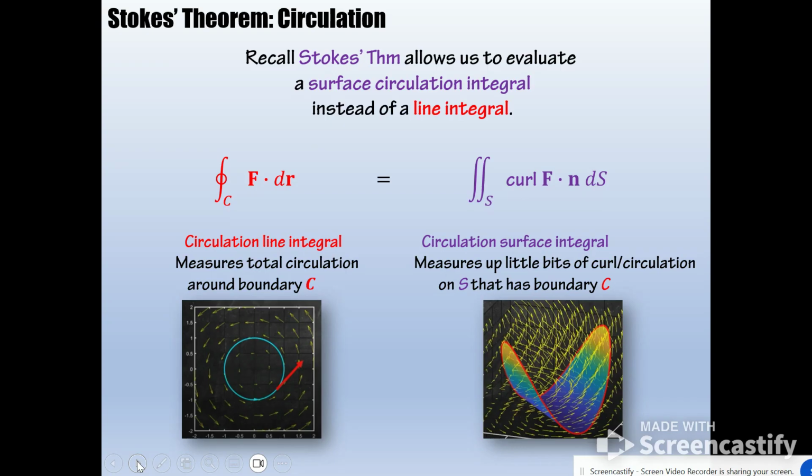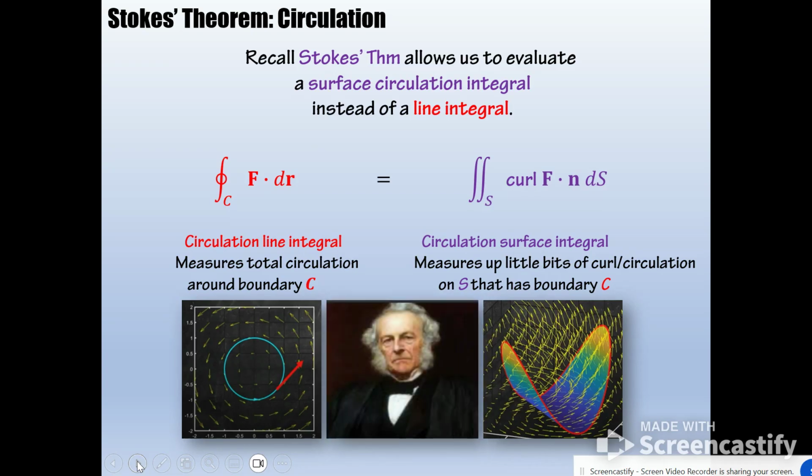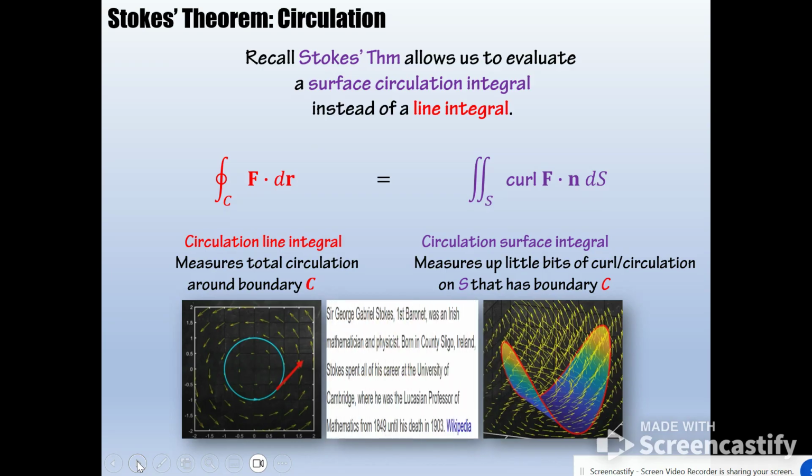And then for the circulation, it's all those curls all along the surface, whether that surface is flat or not. I took that curve, that red curve that is in 3D space, and we're calculating the curl on it. Again, this comes from George Stokes, who actually, I didn't know, is a first baronet, Sir George Gabriel Stokes. And he was Irish. How about that? Pretty cool.